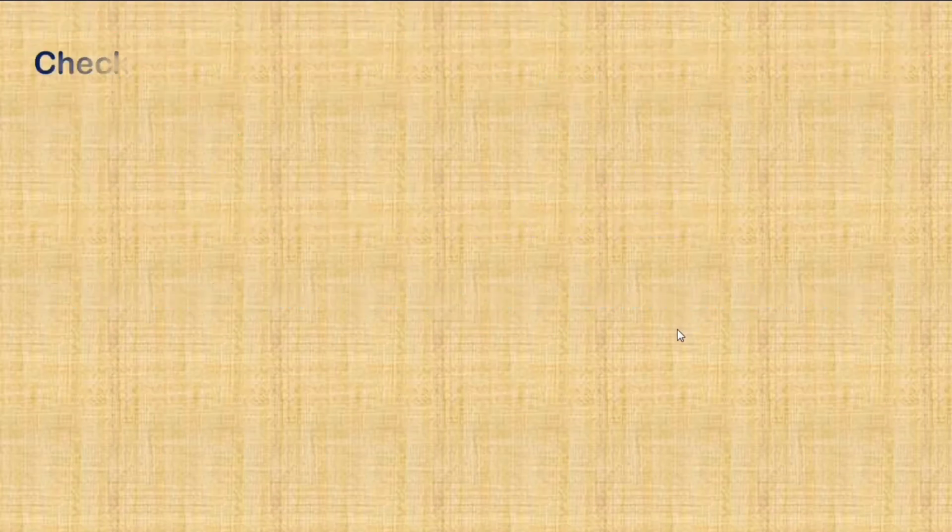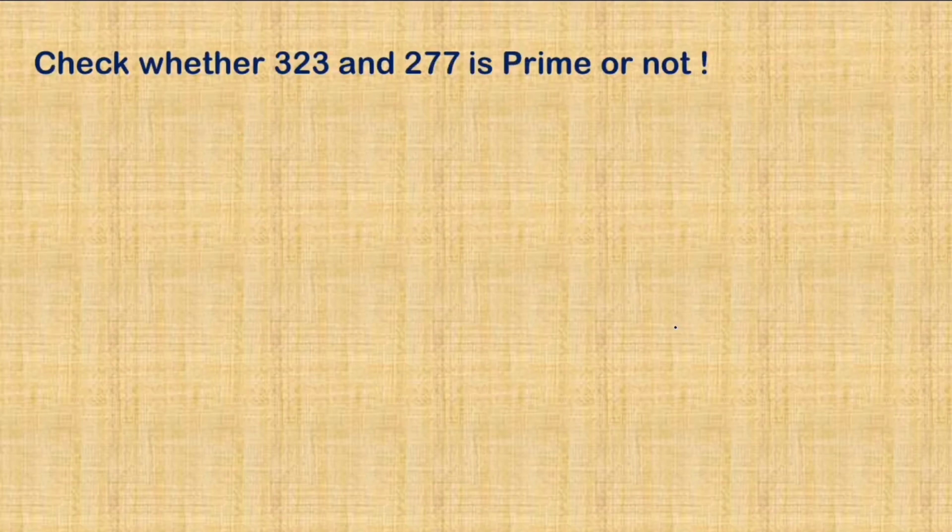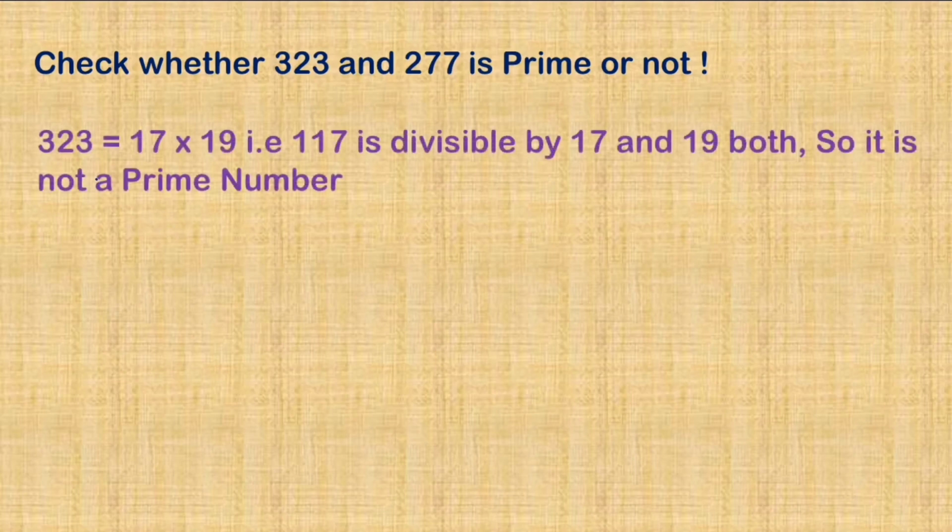Let us see one example: 323. It can be divisible by 17. 17 ones are 17, 17 nines are 153. The remainder is 0.